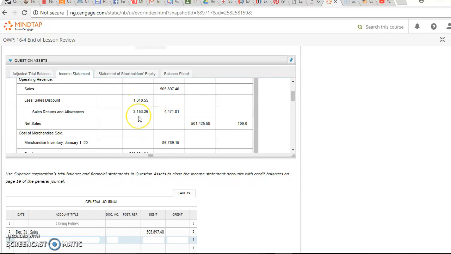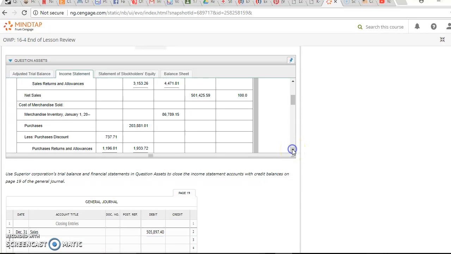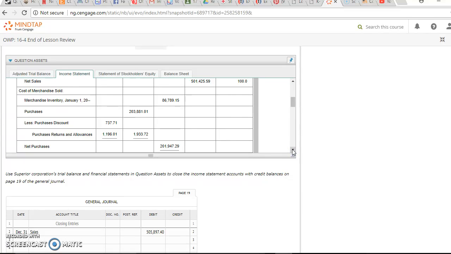So these two have debit balances on your adjusted trial balance. So we're not going to debit them now. We're not closing them yet. Those will close when we do the next closing entry.